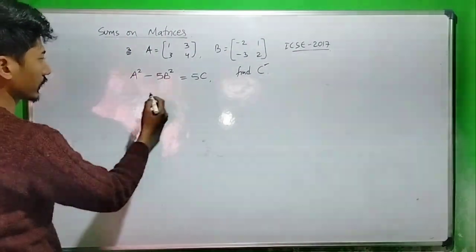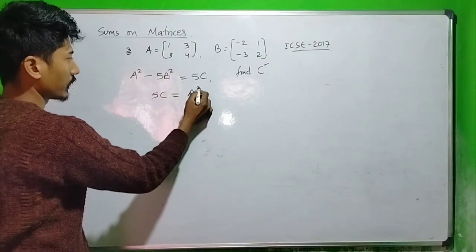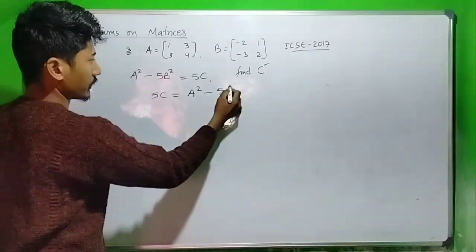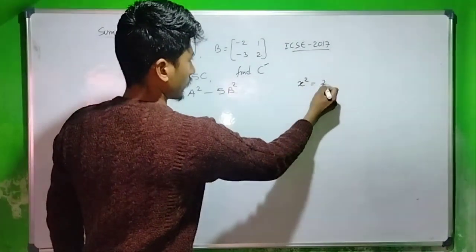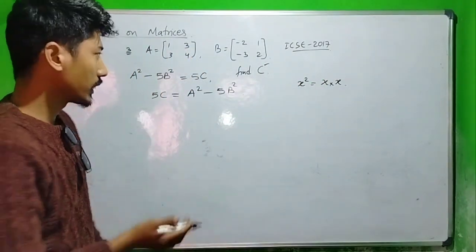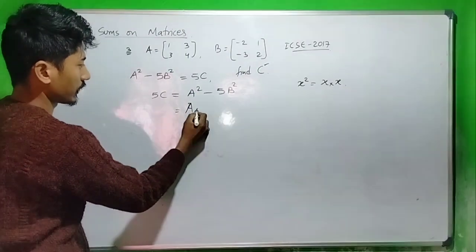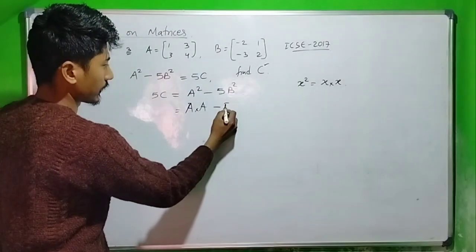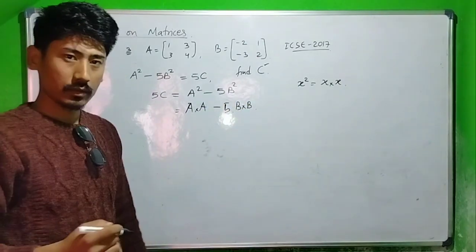So first of all, what we can do is, we'll just reverse it. 5C equals A square minus 5B square. Like in algebra, if x square is there, then it is x into x. Right? So everybody knows this. Similarly, in matrix, if A square is there, that means A into A, minus 5 times of B square is B into B. Alright?